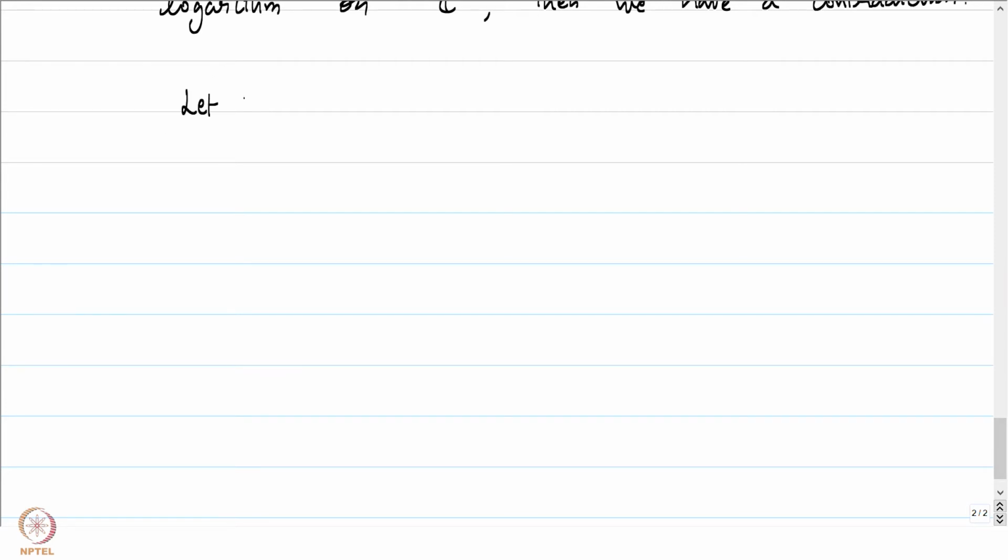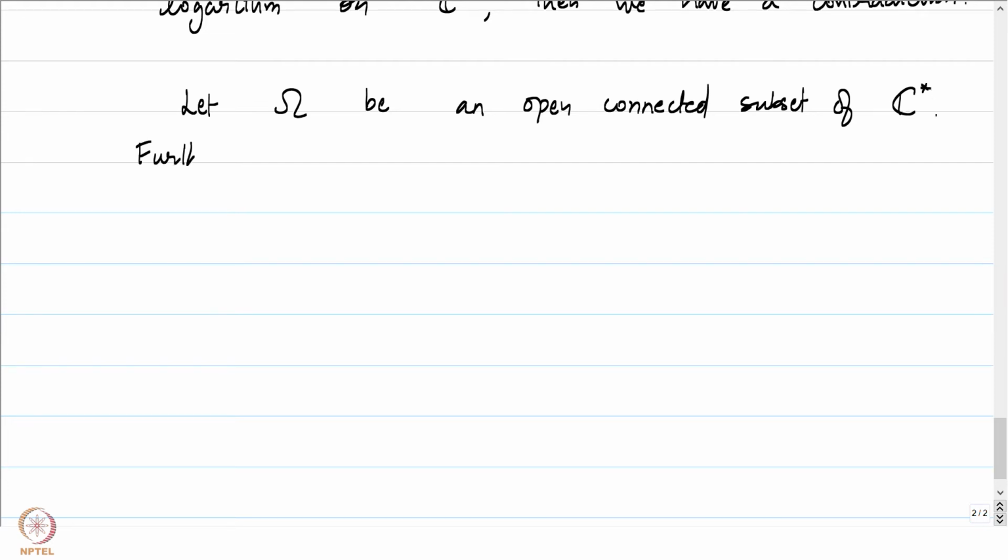Let omega be an open connected set of C star, C minus 0. Further, let omega be simply connected. Every closed curve is null homotopic.